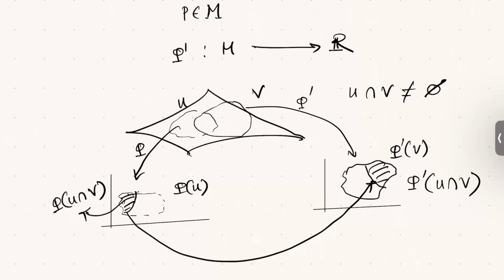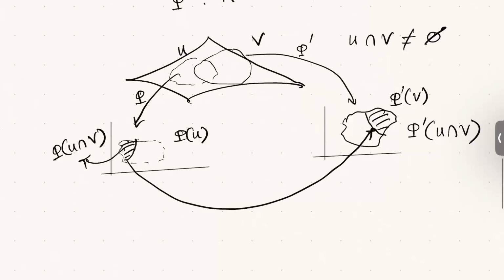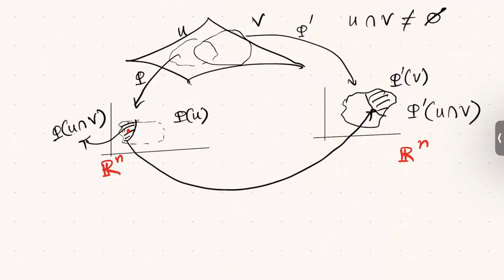So if I take a point here, this is some Rn, and this is some other Rn, then I can define a map from Rn to Rn.